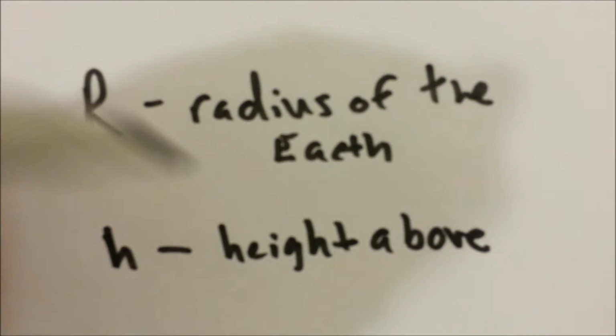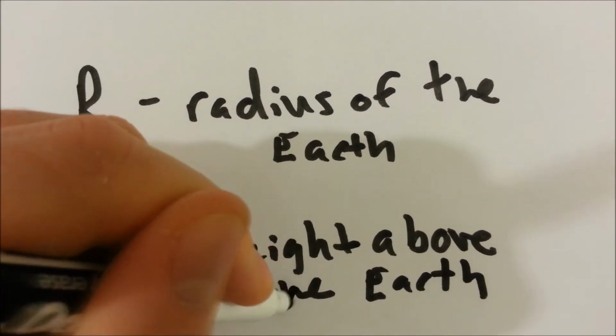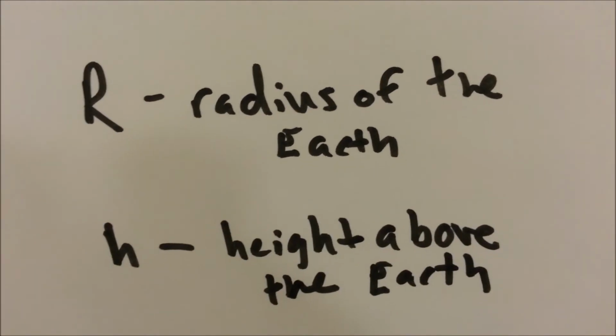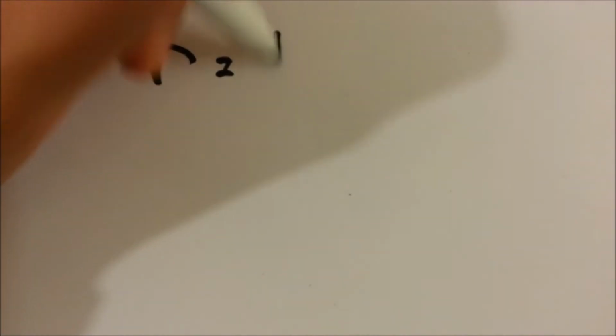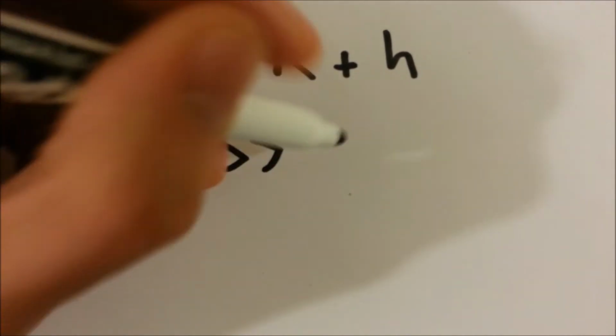So first we need to define r, which is the radius of the Earth, and h, which is the height above that we're standing. Then we know that the total height that we're standing at is the addition of these two.